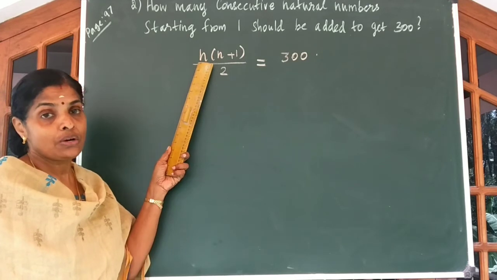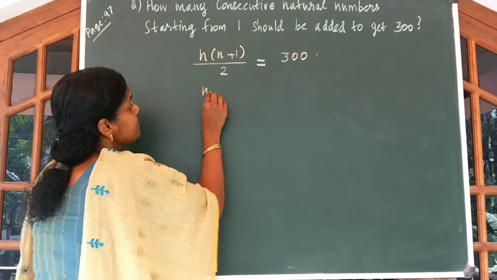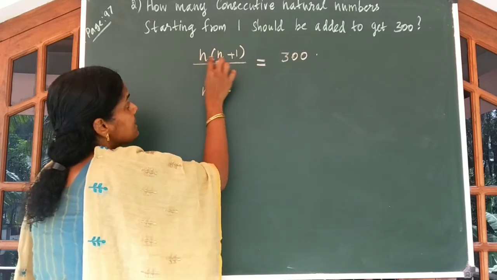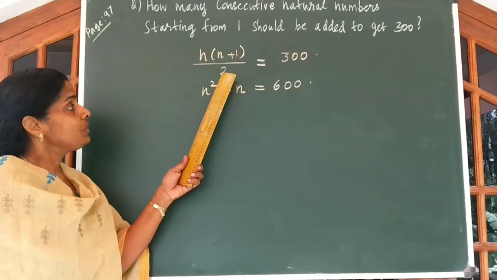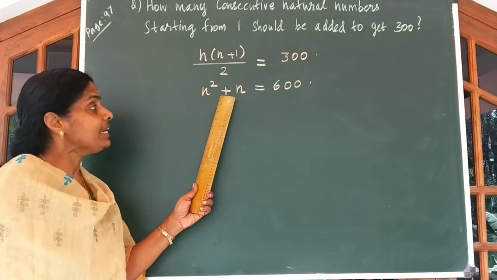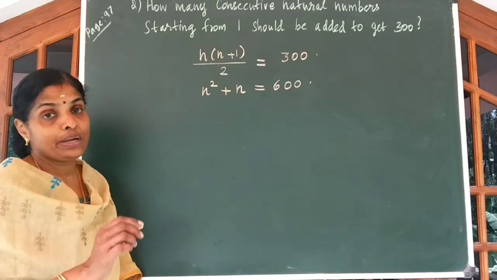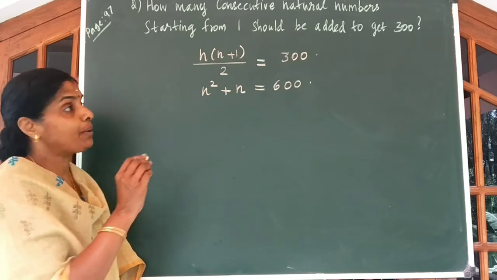Okay, so let us write one more step. N into n gives you n square plus n into 1 is equal to n. This is equal to 2 into 300 gives you 600. Now let us write this as an equation of the form ax square plus bx plus c equal to 0.